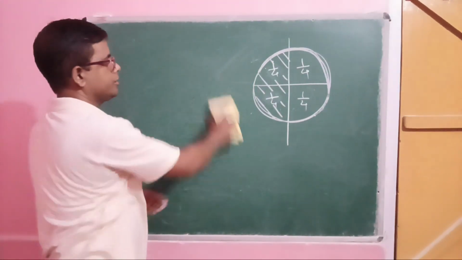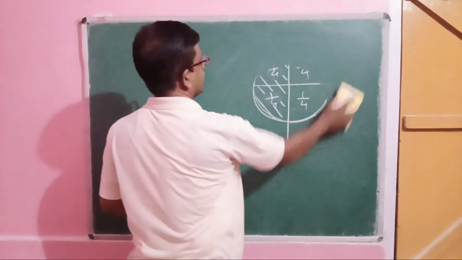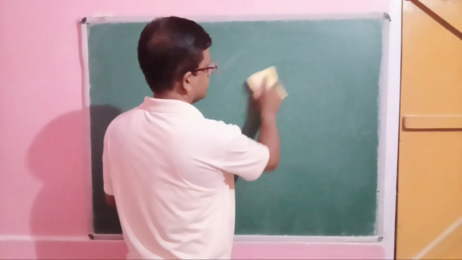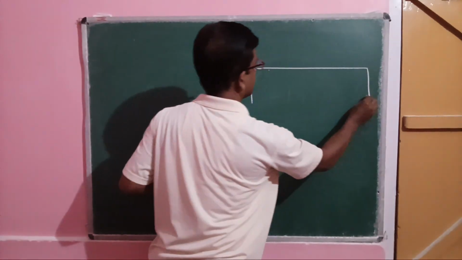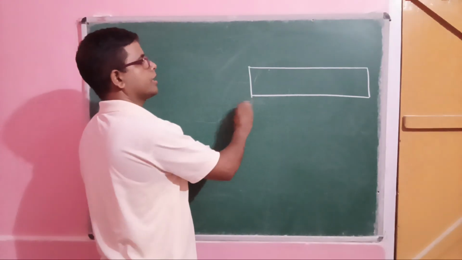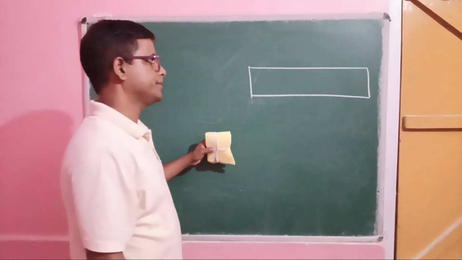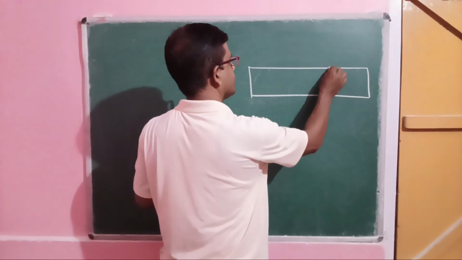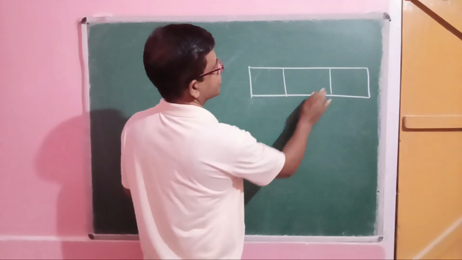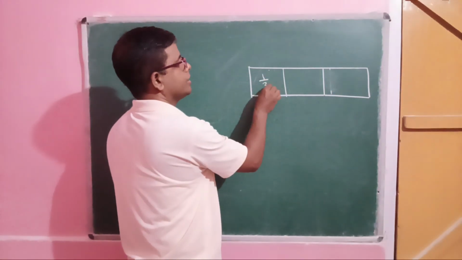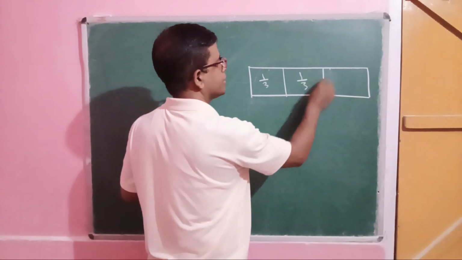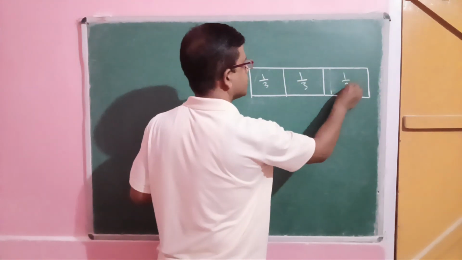And visually also you can represent this way, or using a rectangle also you can represent. This is one complete thing. If we make it three equal parts, this is one of the three, this is one of the three, this box is one of the three.